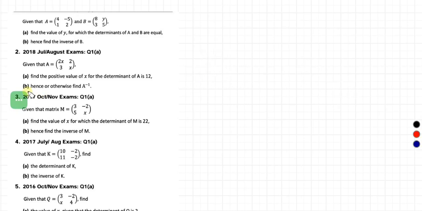So B says hence or otherwise find that inverse. Okay, so we need to find the inverse of A. So A now is going to be equal to, open brackets, where there's x, we have already seen that x is 3, so 2 times that 3 will give us 6.